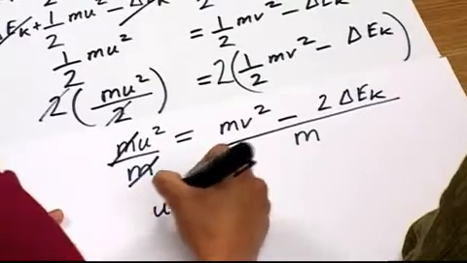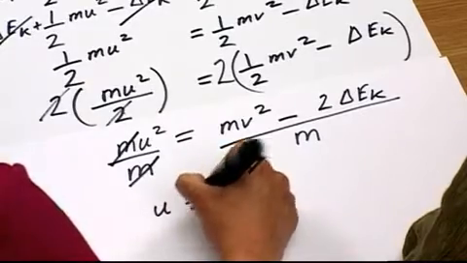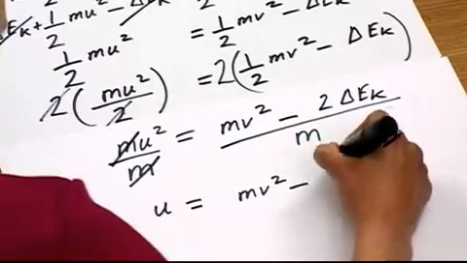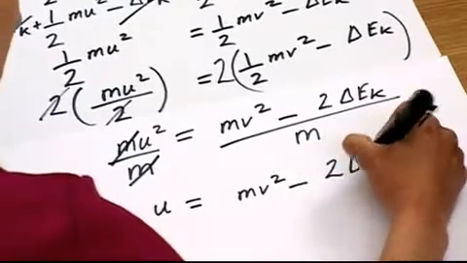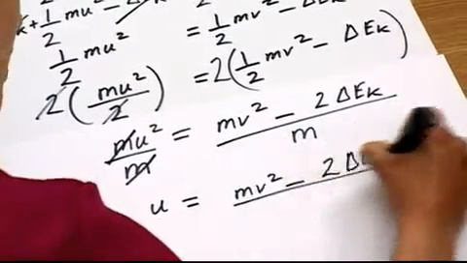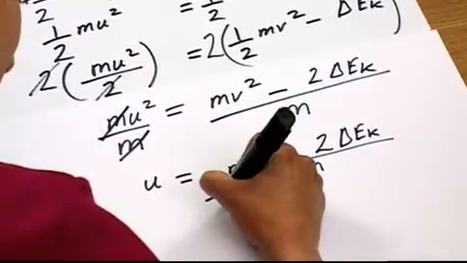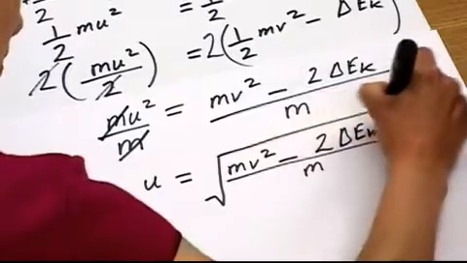And what's the opposite of squaring? Taking the square root. So if I take the square root of u squared, I'm left with u, and that is equal to mv squared minus 2 delta EK over m, and you have to take the square root of the whole thing.